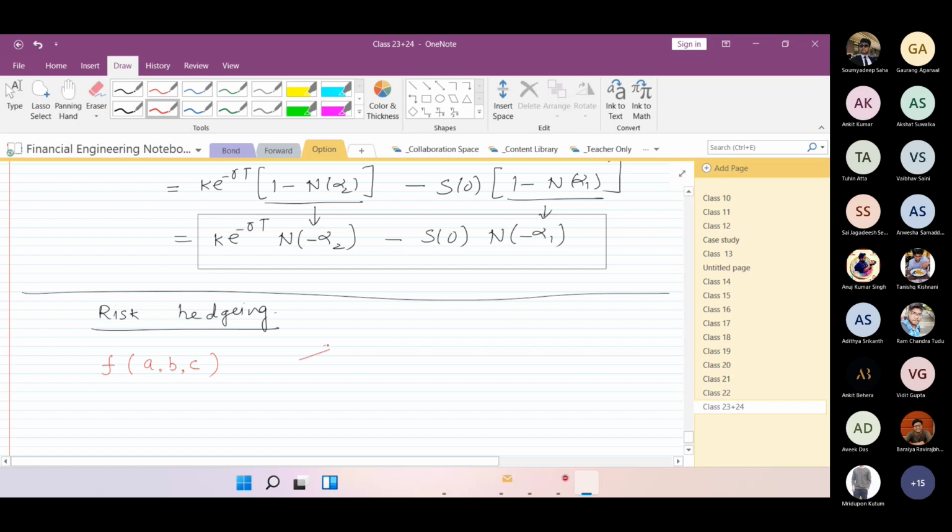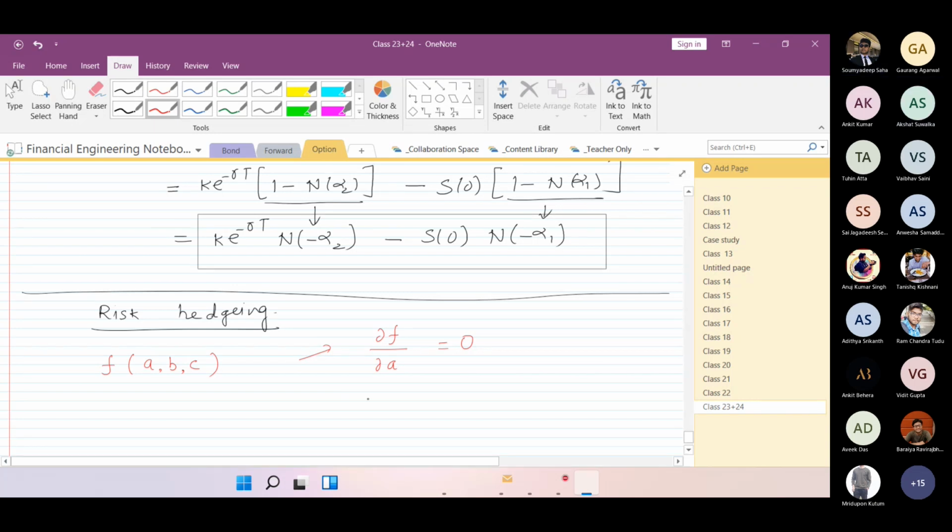So that means that the partial derivative of f with respect to a should be 0. This means that a small change in a is actually not changing the value of f. Yes or no? Yes, sir.